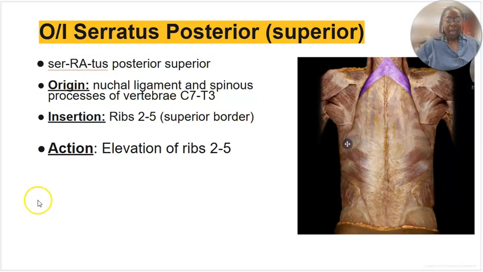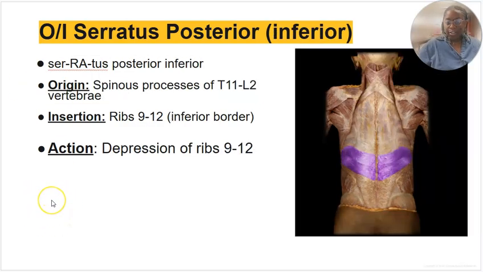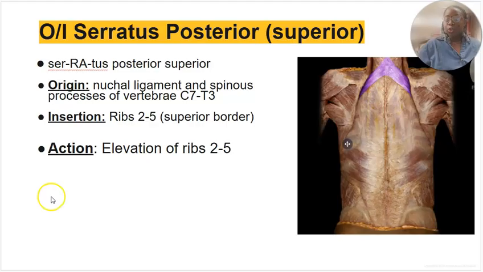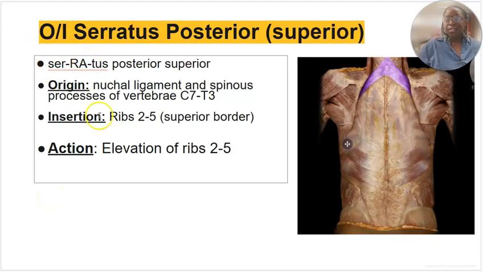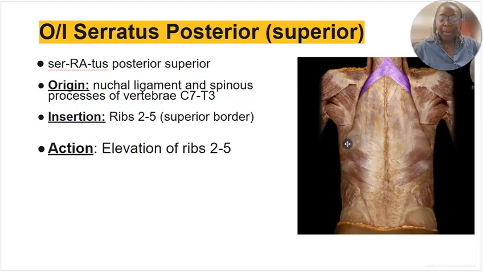All right, sweet. So now we have the serratus posterior, superior and inferior. Serratus posterior is a set with 2 muscle groups. So we'll cover the first one. Serratus posterior superior originates up at the nuchal ligament of the neck. So nuchal just means neck, like going all the way back to our anatomical terms.